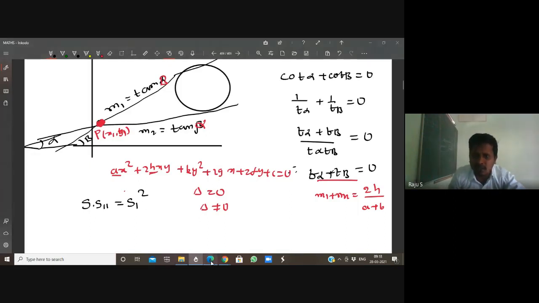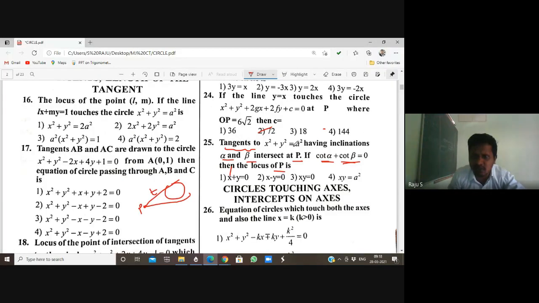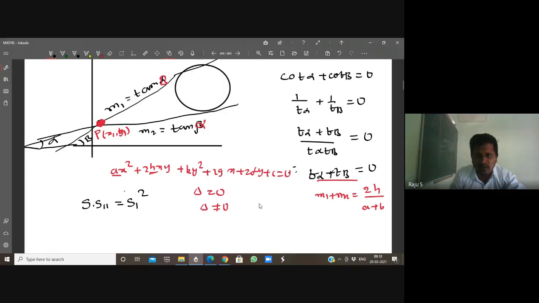Here the circle equation is given as x squared plus y squared is equal to a squared. Take a squared to the left side. This is S: S is x squared plus y squared minus a squared.